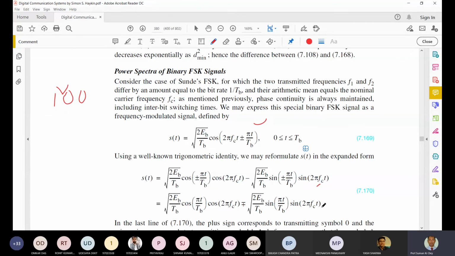Is there any doubt so far? Just tell me, is there any doubt or not? What we are doing is just expanding the cos of (2 pi fc t plus or minus pi t by Tb), and 1 by Tb is equal to your bit rate.